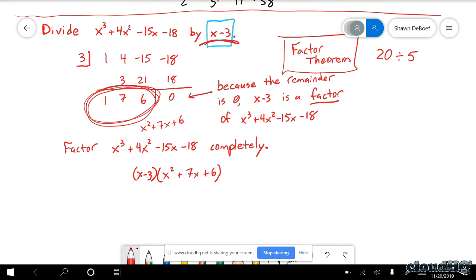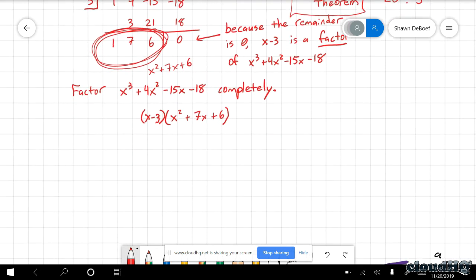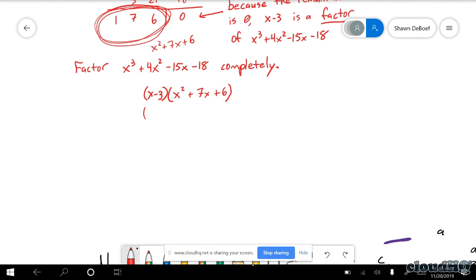Now, does that factor further? It says to factor completely. Can we factor that? Sorry, I'm trying to erase some of this stuff over here.